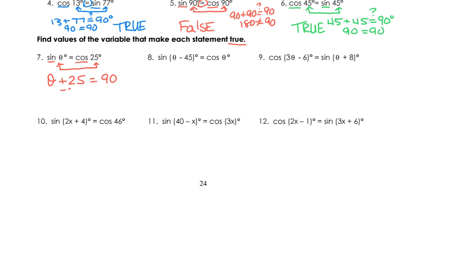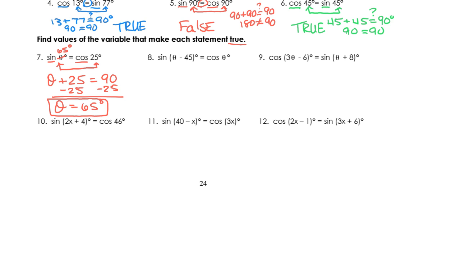We're going to subtract 25, and we end up with theta equals 65 degrees. If you wanted to double check in your calculator, you can replace theta with 65 degrees, type in sine of 65, type in cosine of 25, and compare the decimals you get for each one. They should come out equal, which makes the statement true.